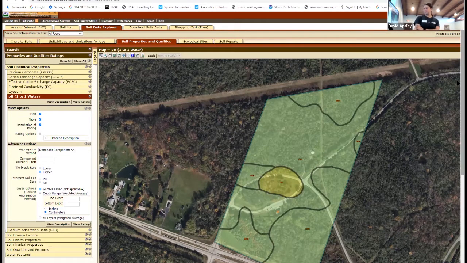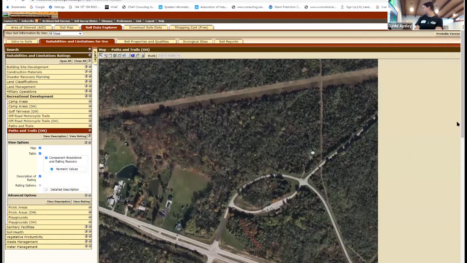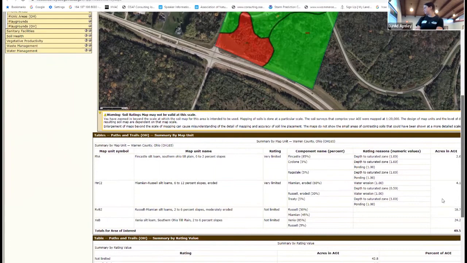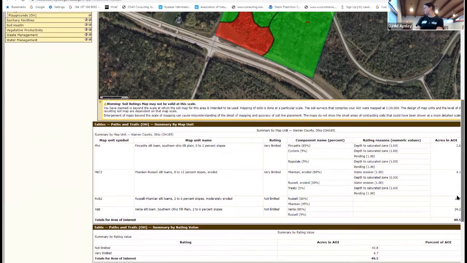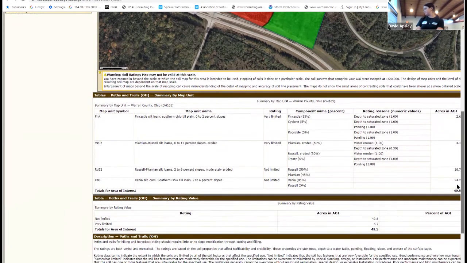And then Linda asked, what does the 1.0 rating mean on the maps that you shared? What were we looking at? I think it was the trail one. I don't know the answer to that one.